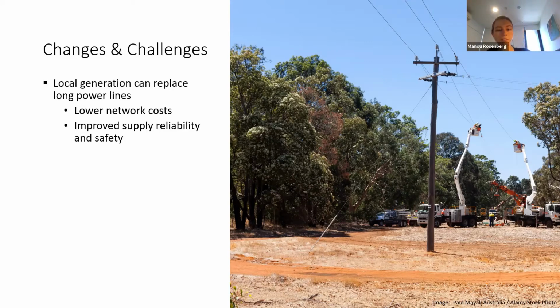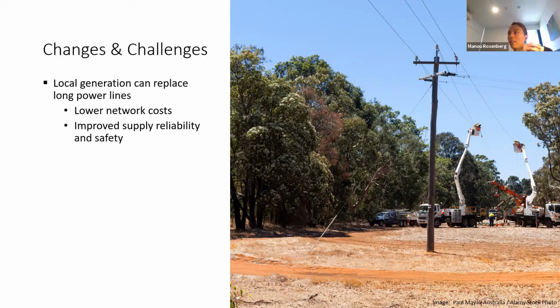That is different for Horizon Power, who operate and manage the network in more remote areas, even in Western Australia. They have some trials into microgrids and standalone power systems that we're going to look at in a second.